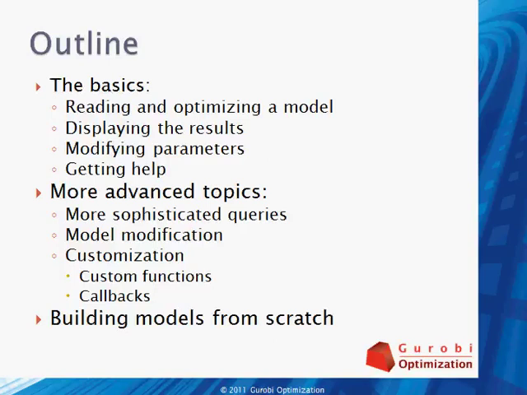I'll also show you how to modify optimization parameters if you want to experiment with the effects of different parameter settings on your model. For example, if you want to try using the interior point solver instead of the dual simplex method for solving a linear model. I'll also tell you how to get help from within the interactive shell. We include a pretty thorough help system that gives information on pretty much everything you're likely to want to do from within the interactive shell.